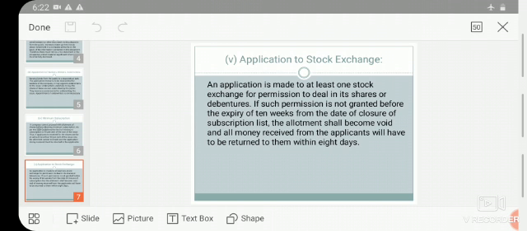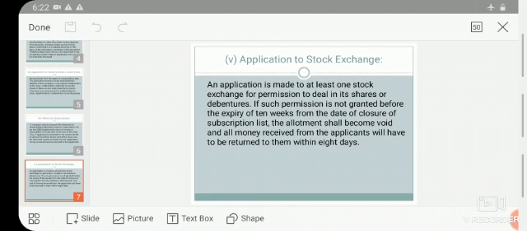If such permission is not granted before the expiry of 10 weeks from the date of closure of the subscription list, the allotment shall become void and all money received from the applications will have to be returned within 8 days.